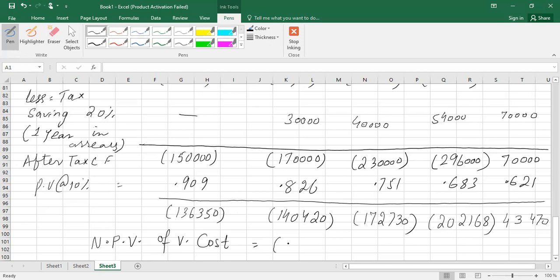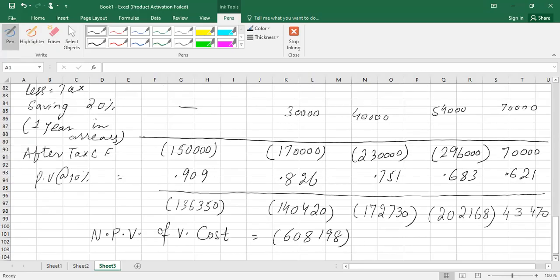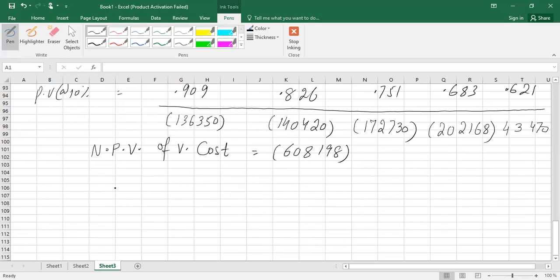So we have negative 608,198. This time it is a cost, so that's why it is negative.